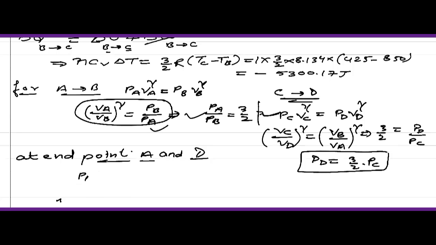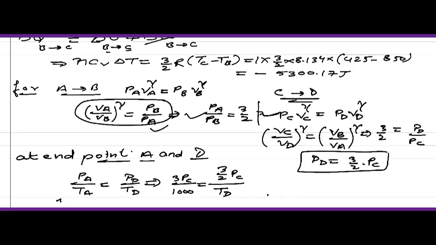So the equation of state must be PA upon TA is equal to PD divided by TD. So put the values of PA, that is 3 PC, divided by the temperature TA, which is 1000 Kelvin, given in the question. What about PD? PD is 3 by 2 PC, divided by TD.